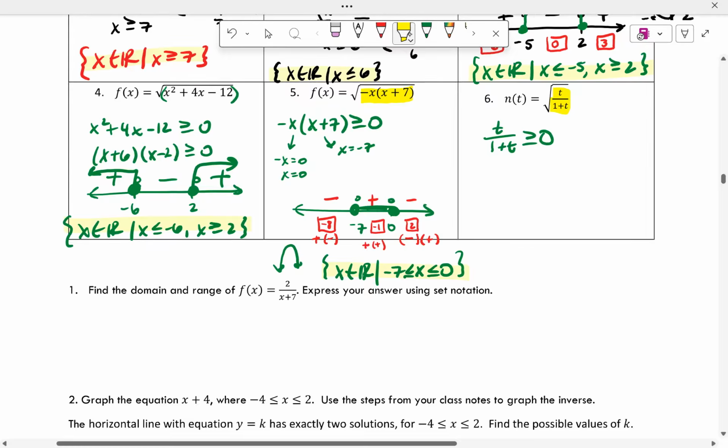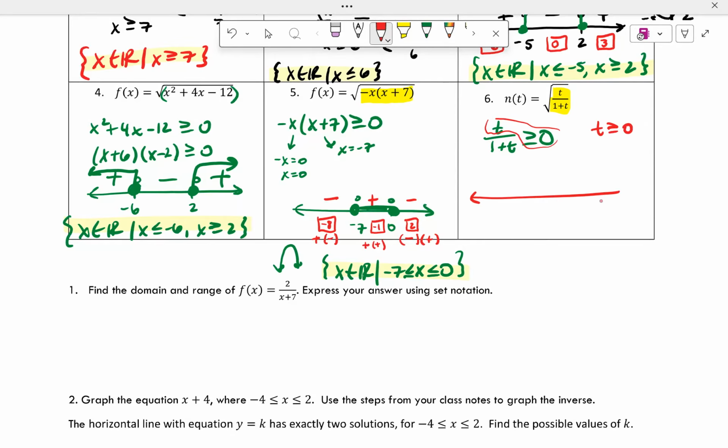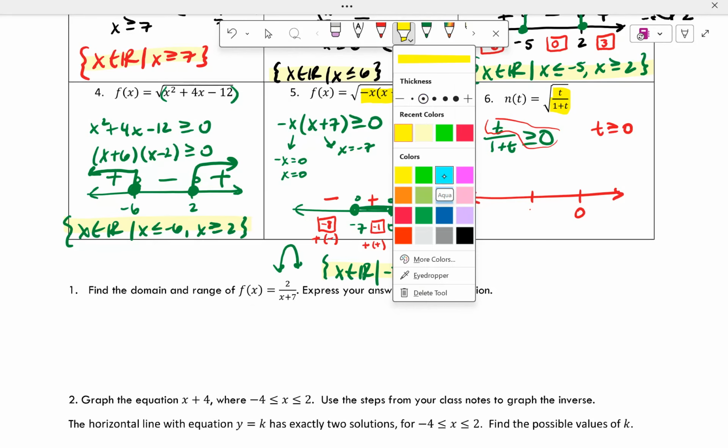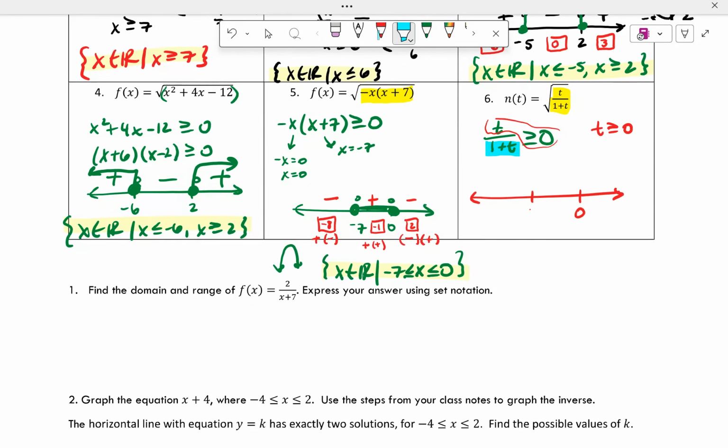If I take the numerator and isolate it, t is greater than or equal to 0. That's going to become one of the critical points on my number line. And then for the other one, I'm going to have to find where this has a vertical asymptote, because there's a denominator. I'm going to have to restrict the domain to get rid of that value. So I have 1 plus t.